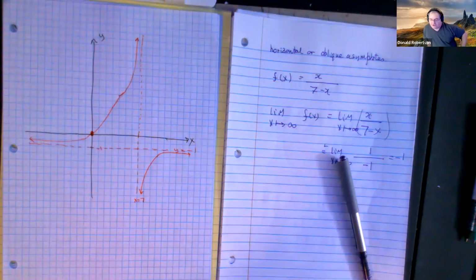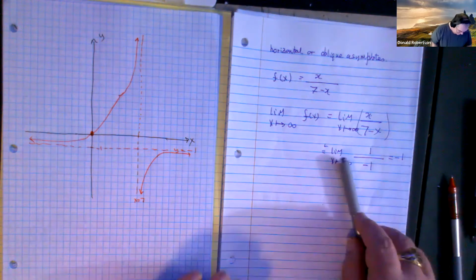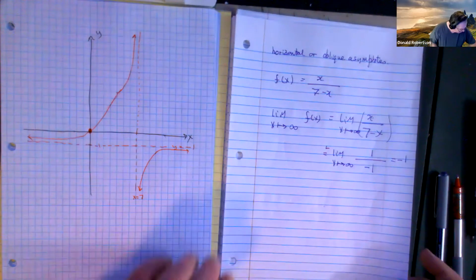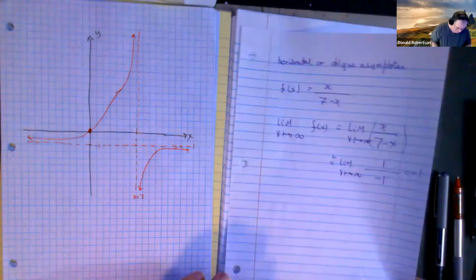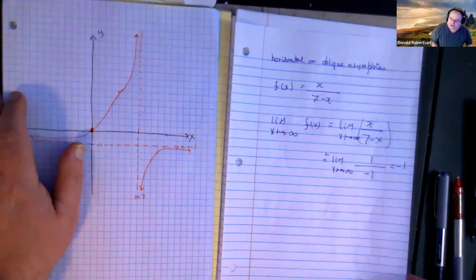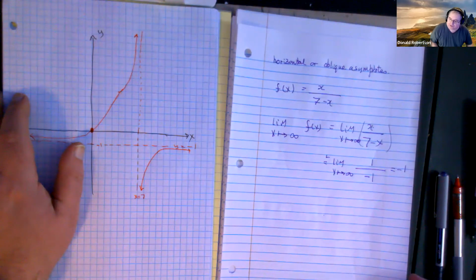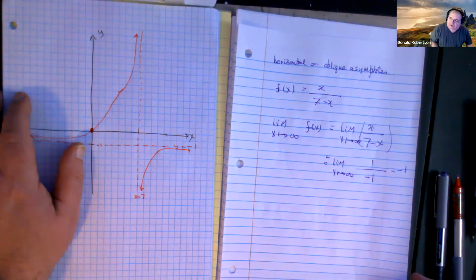And if you adjusted the scales, you would see exactly what we've got here. So we can use calculus to sketch rational functions. Any questions? Are we good? We're not good? Or we have no questions? No questions, okay.